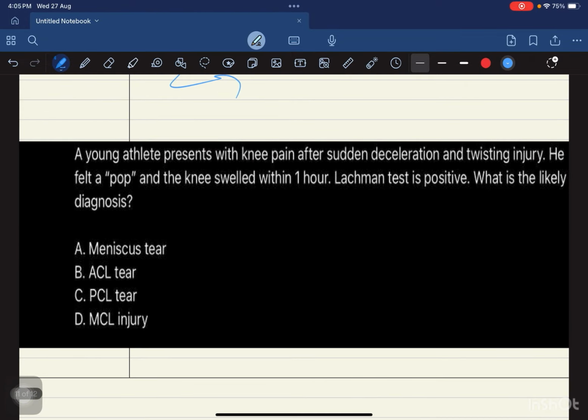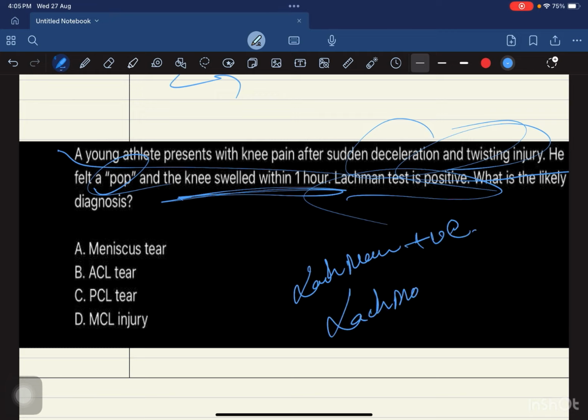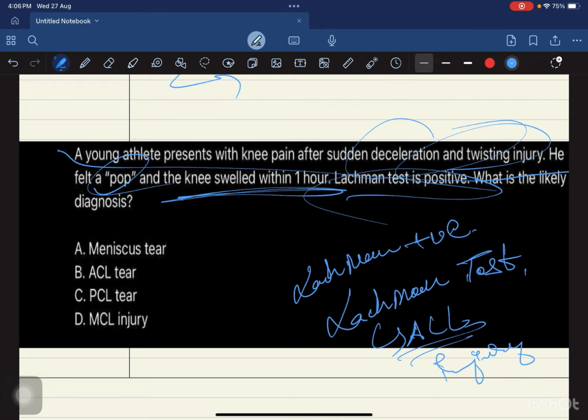Then a young athlete presents with knee pain after sudden deceleration and twisting injury, then a pop sound is heard, the knee swelled within 1 hour, that is very early, and Lachman test is positive. Now Lachman test is for ACL injury, and we can remember it as LAC is for ACL.